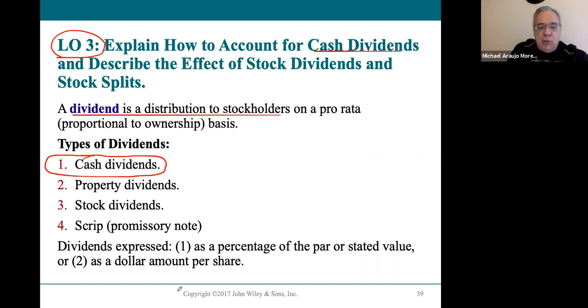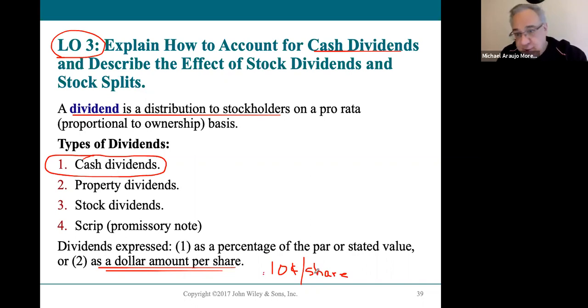Overwhelmingly, when a dividend is announced, it's usually going to be announced as a dollar amount per share, which means that if you had a company that announced a dividend, it would be, in essence, something like 10 cents per share. So that means for every share of ownership you have, you will get a 10-cent dividend per share.